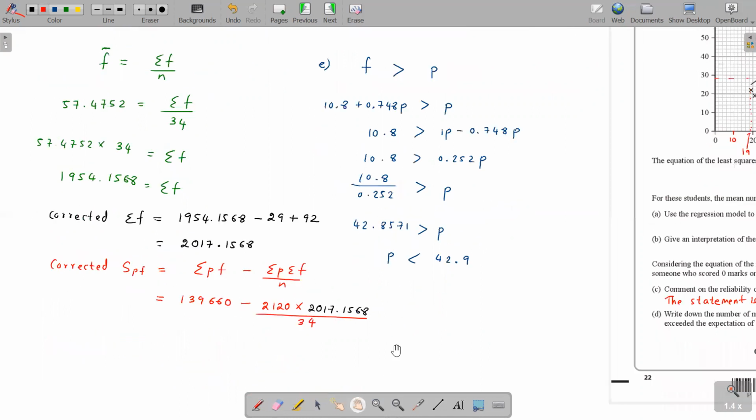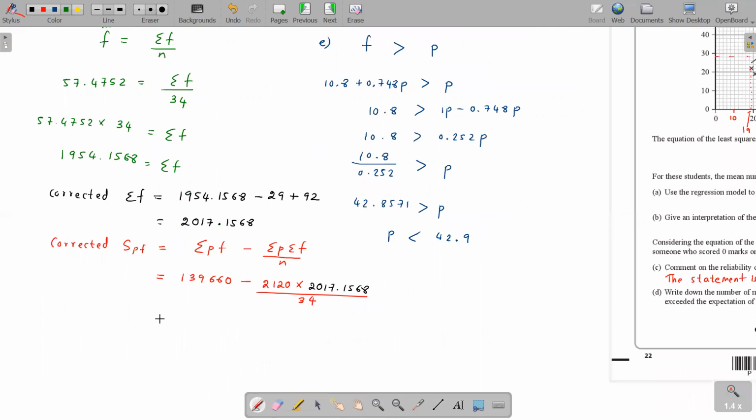So now type the whole thing in the calculator and get the SPF value.